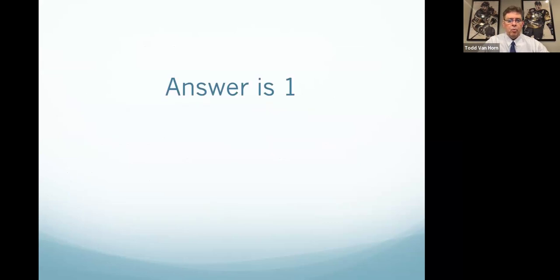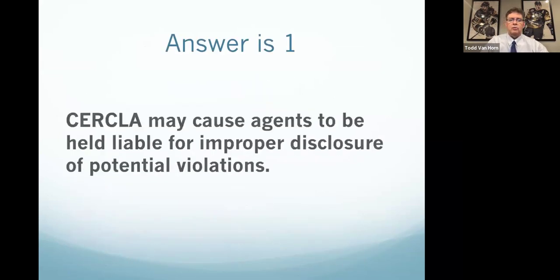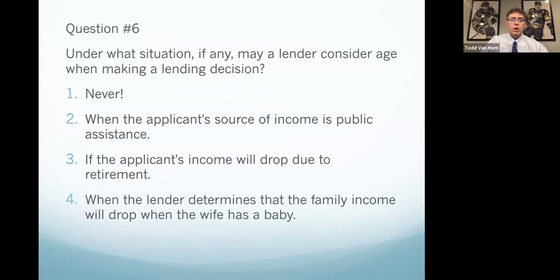Answer is number one, CERCLA may cause agents to be held liable for improper disclosure of potential violations. Question number six, under what situation, if any, may a lender consider age when making a lending decision? Number one, never. Number two, when the applicant's source of income is public assistance.